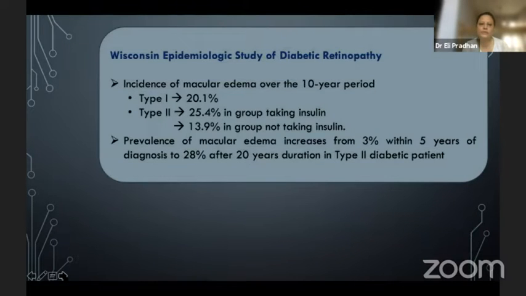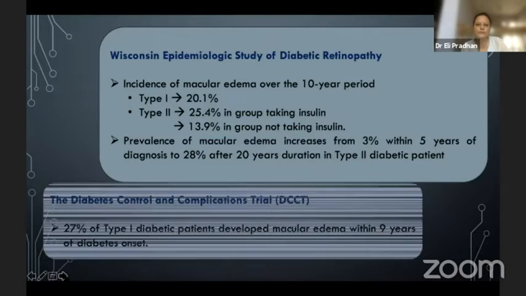According to the Wisconsin Epidemiologic Study of Diabetic Retinopathy, over a 10 year period macular edema is 20.1% in type 1, 25.4% in type 2 in the group taking insulin, and nearly 14% in the group not taking insulin. The prevalence of macular edema increases from 3% within 5 years of diagnosis to 28% after 20 years of duration of type 2.